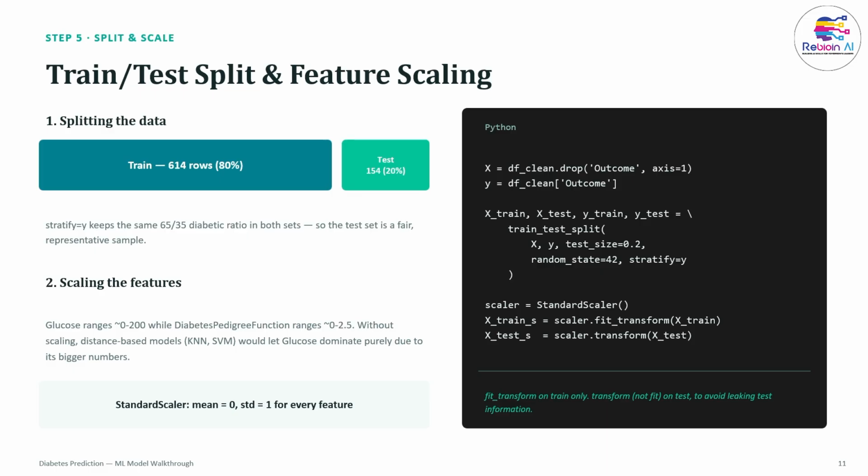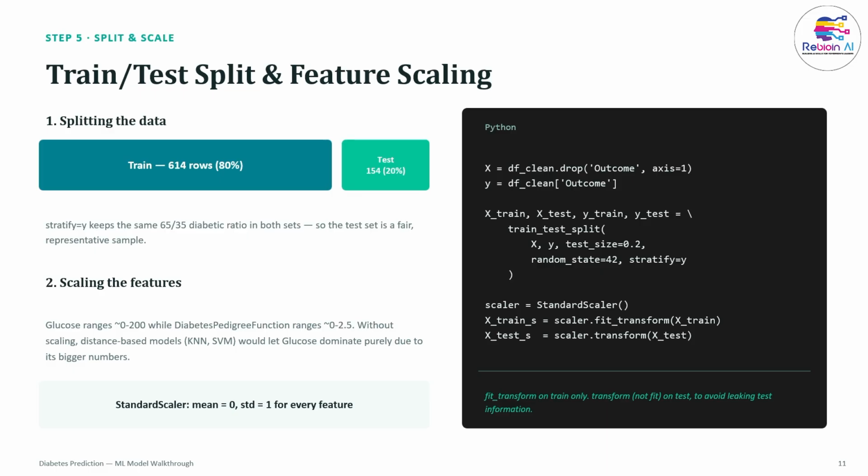Now here we use something called StandardScaler, which rescales every feature to have a mean of 0 and a standard deviation of 1. One subtle but important detail: we fit the scaler only on the training data, then just apply that same scaling to the test data.